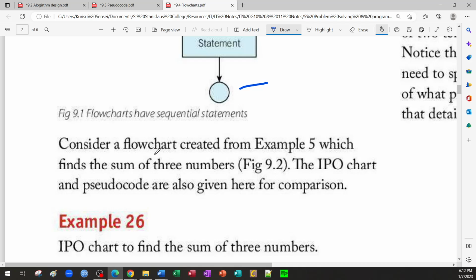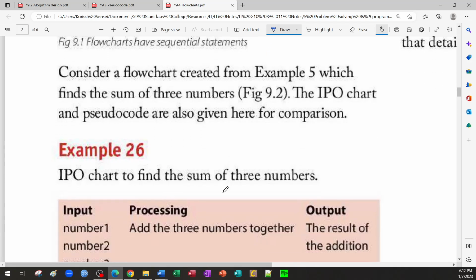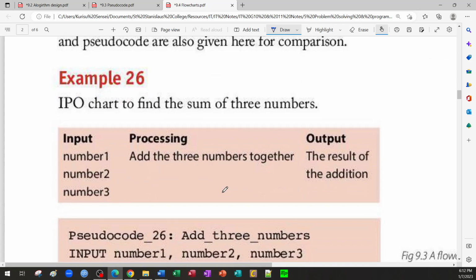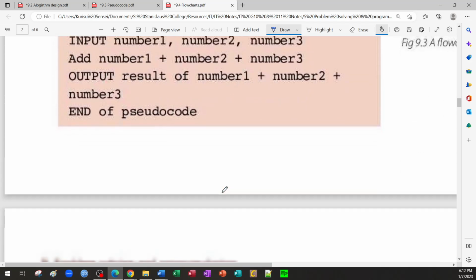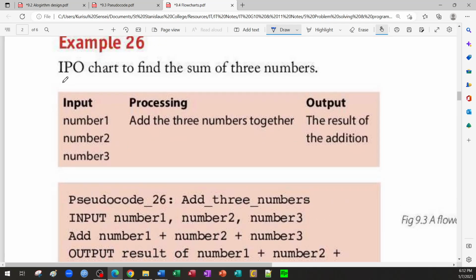So consider a flowchart created at example 5, which finds the sum of 3 numbers. The IPO chart and pseudocode are given here for comparison. So let's look at our first example of a flowchart, which we basically already went through. First, we're going to start with the IPO chart.